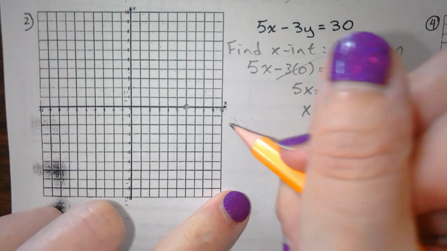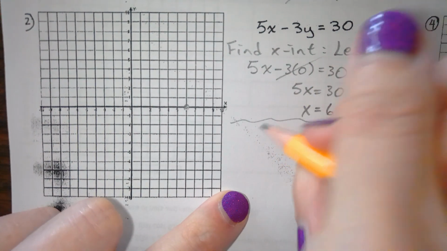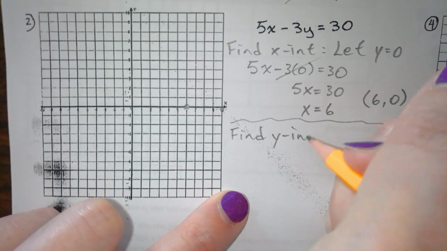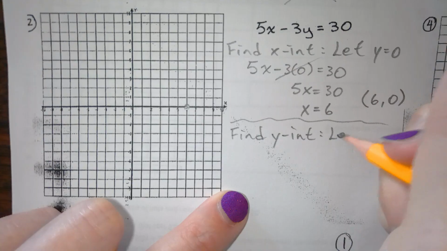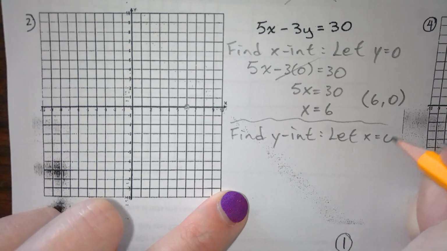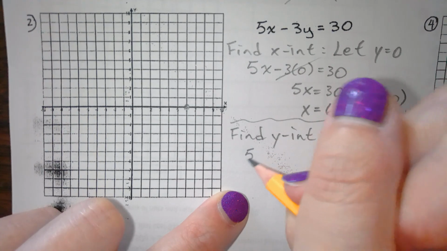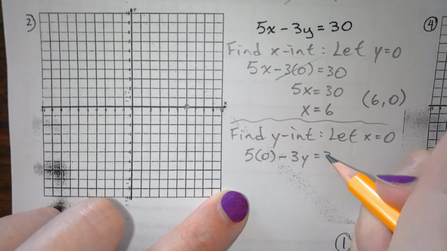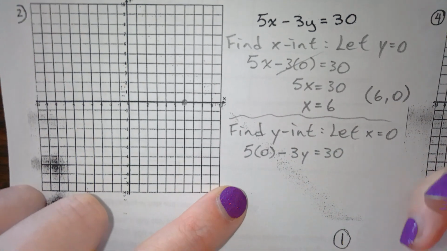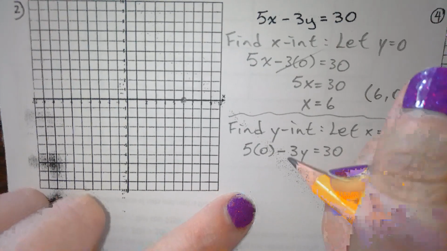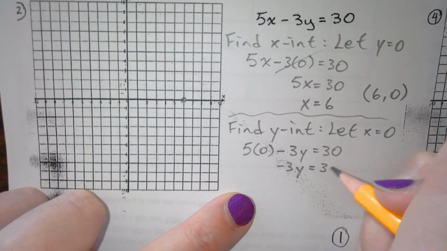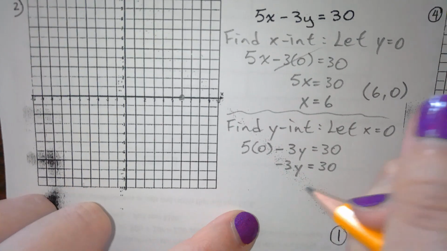Okay. And then to find y-intercept, I do the same thing. Let x equal 0. Okay. We did algebra two chapters ago, so I trust that your algebra skills can solve these simple equations.